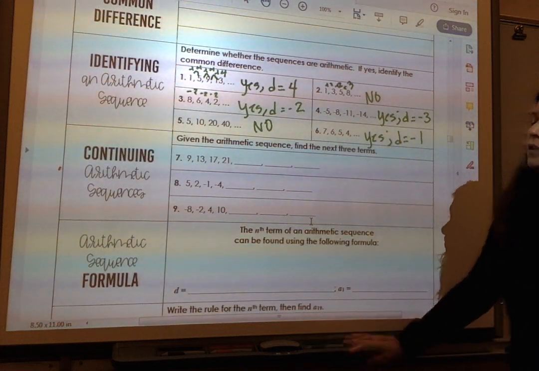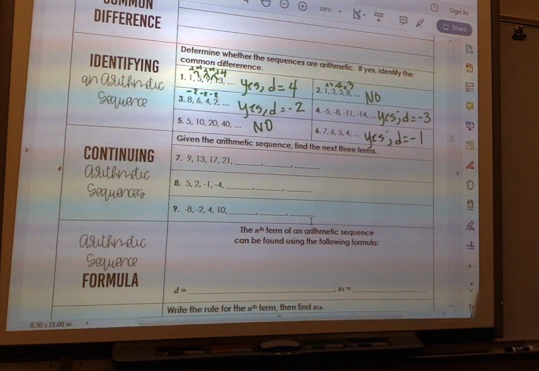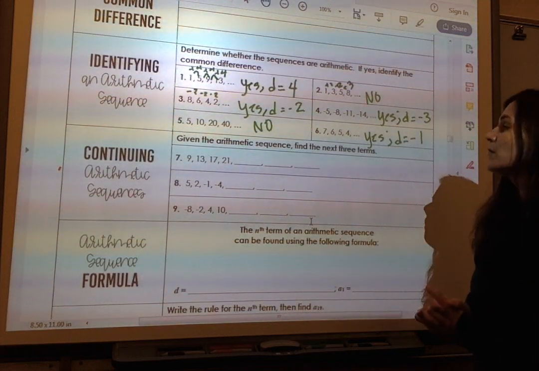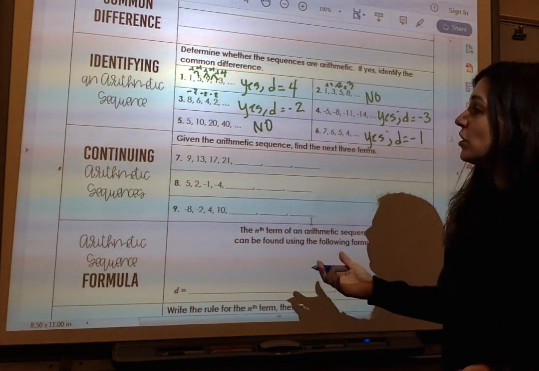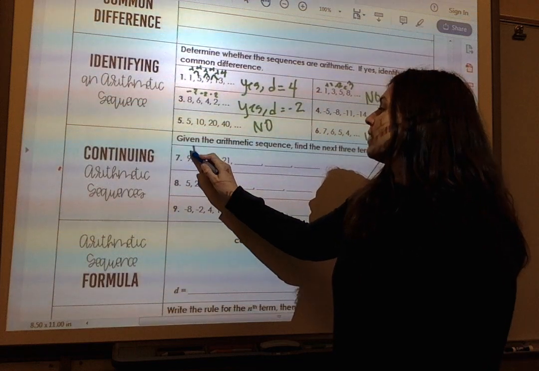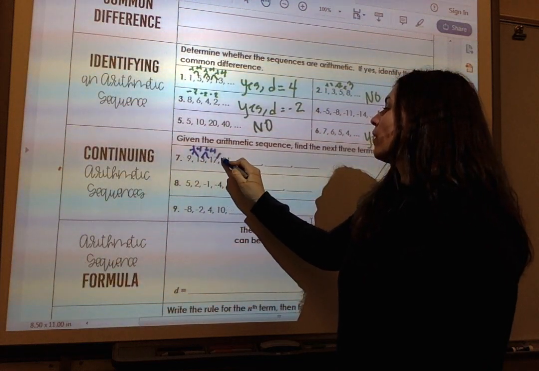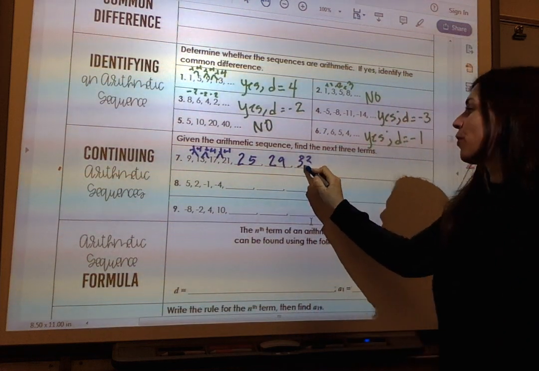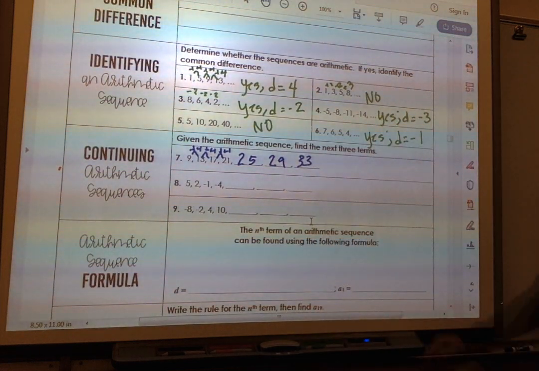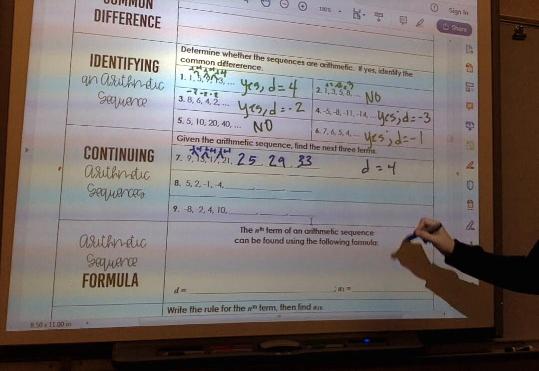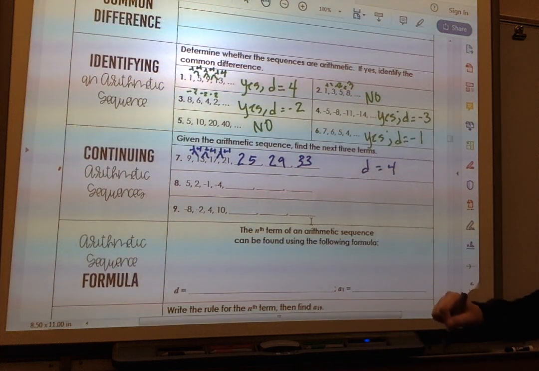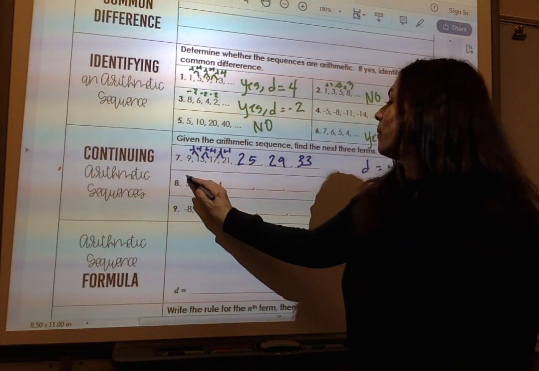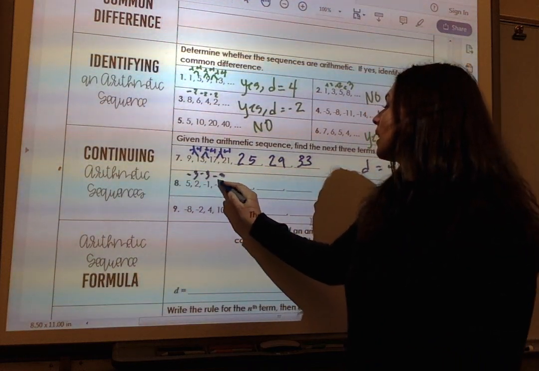All right. So now on number 7 through 8, it says, given the arithmetic sequence, find the next 3 terms. So now I need to know, what is my pattern here? It's up by 4, 4, and 4. So 25, 29, 33. My d is equal to 4. And number 8, once you notice the pattern, is going from negative 3, negative 3, negative 3.